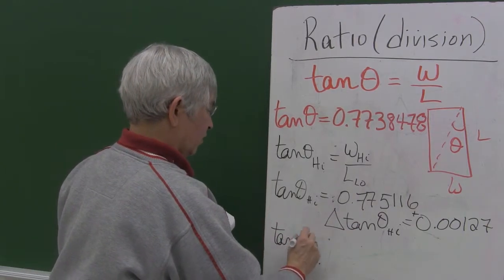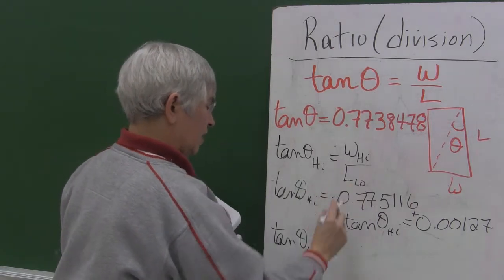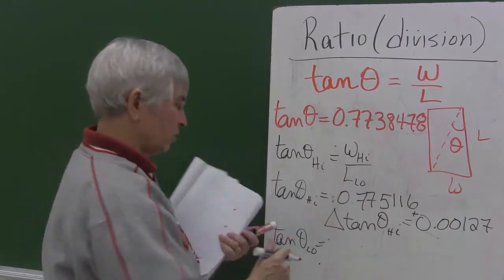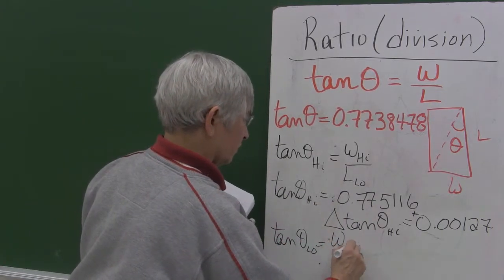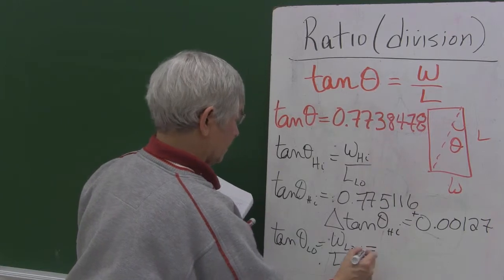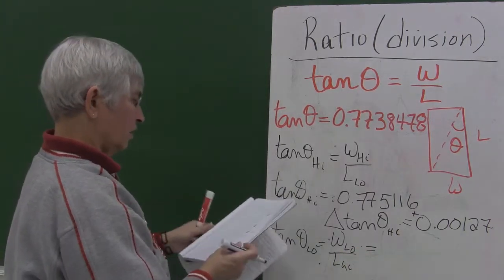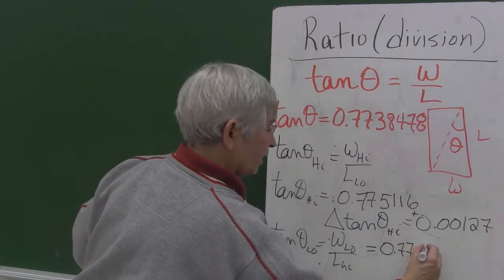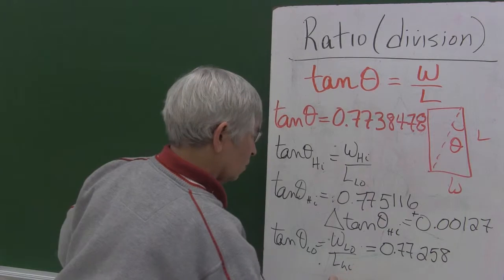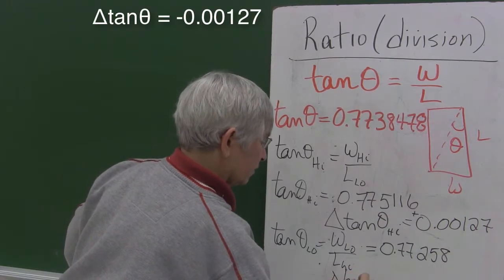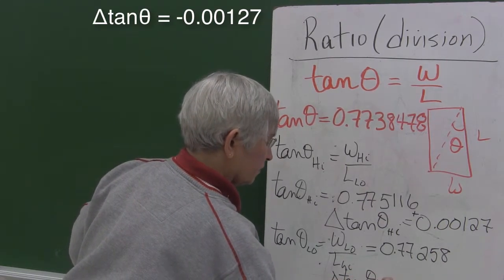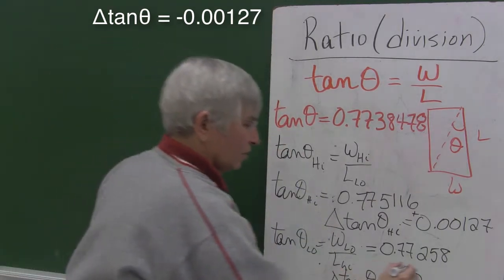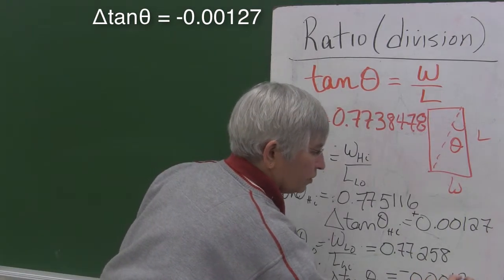Similarly, if I do tangent theta low, this is going to be the lowest value for the width and the highest value for the length, and that should give me the smallest ratio possible. Substituting in the values, 0.77258, or a difference of 0.017.